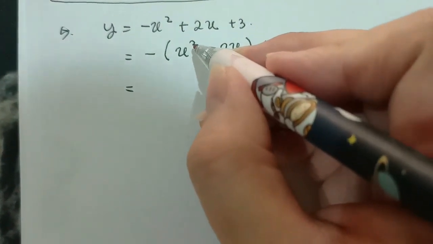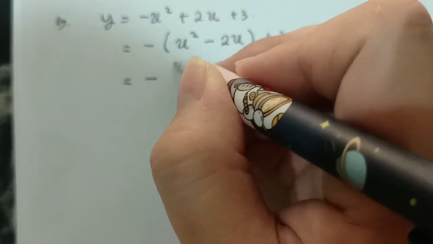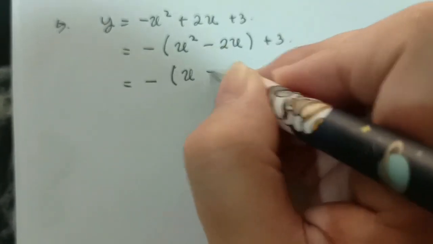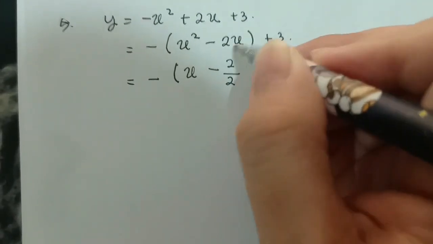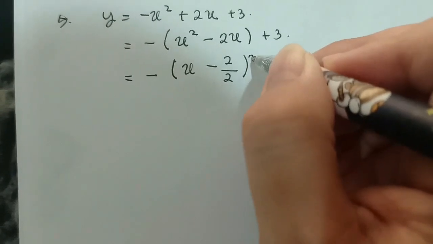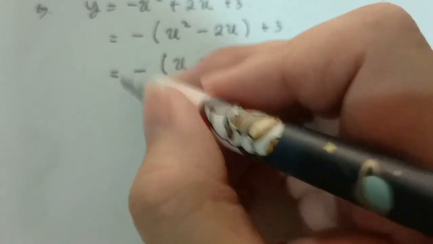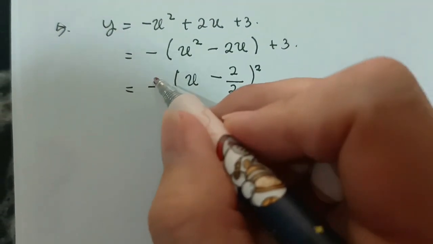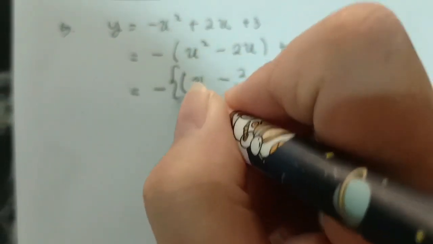Then next we have to remove the quadrat over here. When we remove the quadrat, we have to remember to divide this number by 2, then remove the x and change it to quadrat. Because there's something over here, either number 1, number 2, or minus 1, minus 2, we always give it in the bracket.